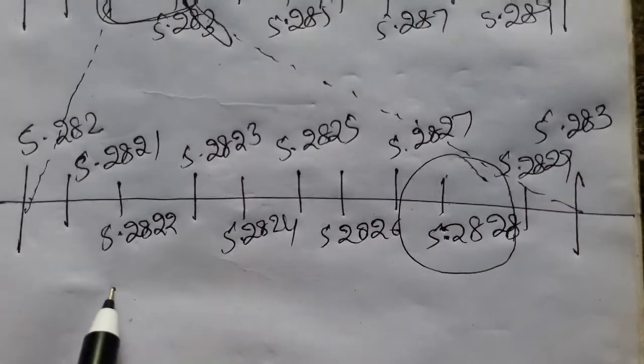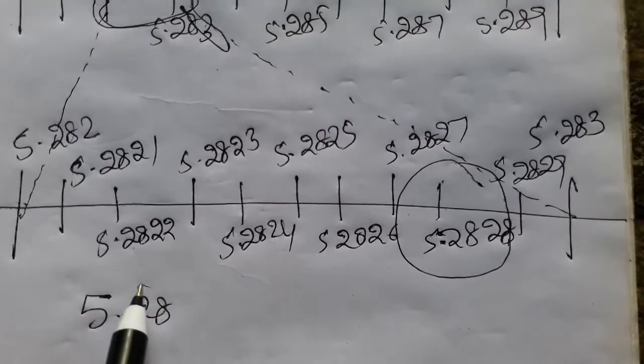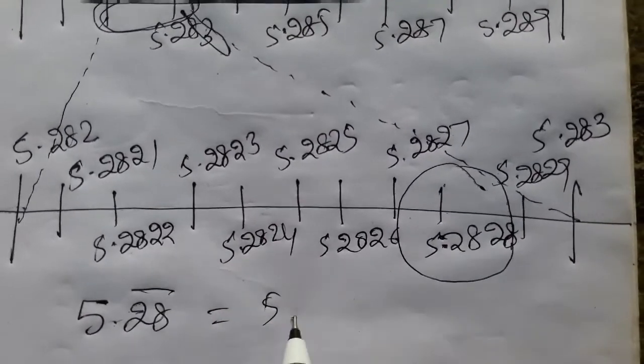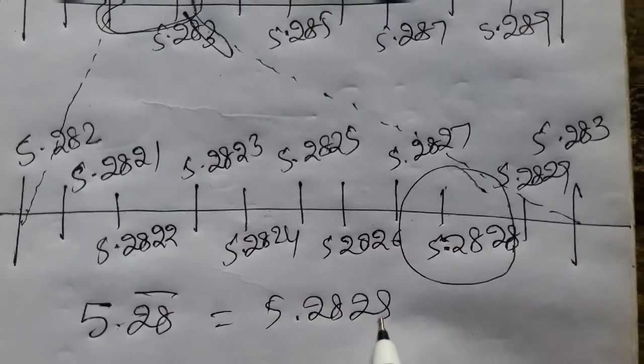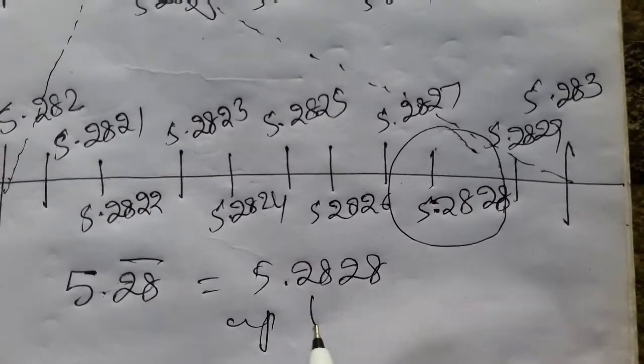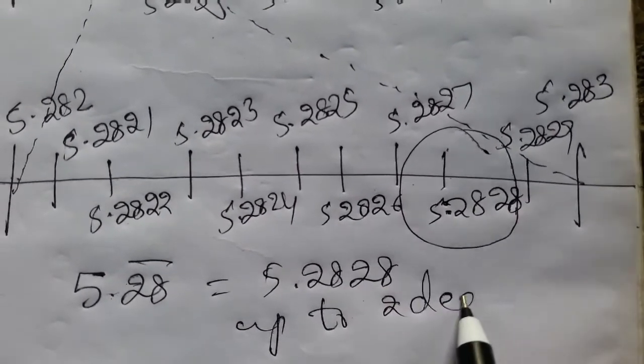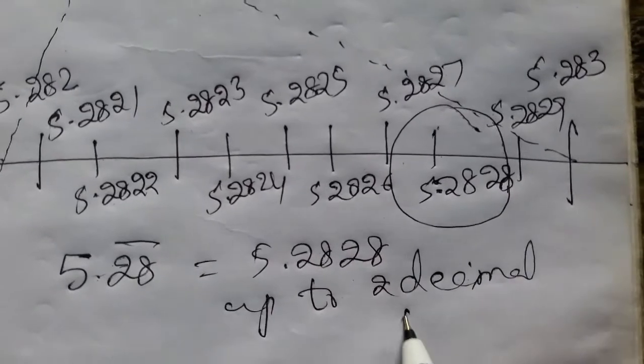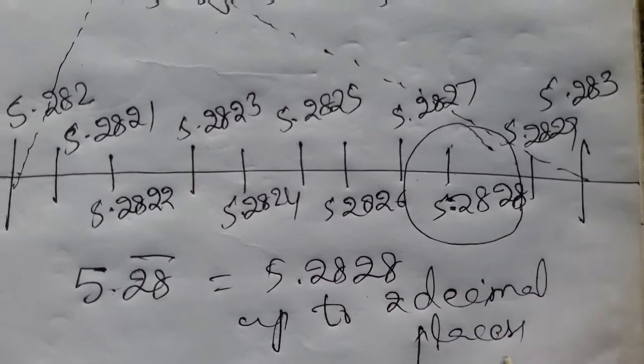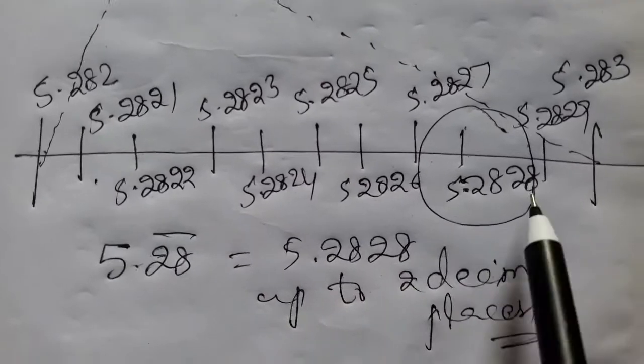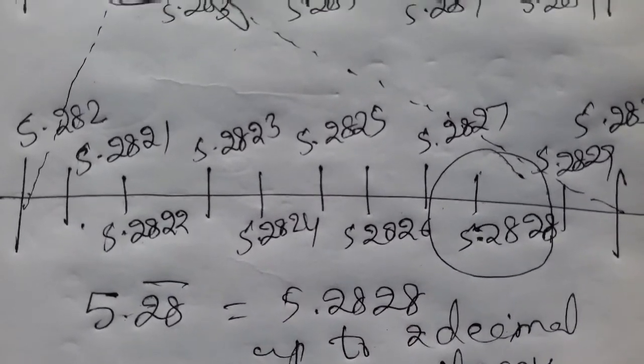So we got it. That means 5.28 bar is 5.2828, up to 2 decimal places, shown on the number line. How many steps did it take?